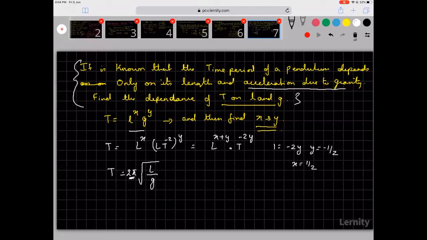You can find out the formula, but you can't find out the value of the constant. So you have to do subsequent experiments to get the value of the constant. So the time period of a pendulum is 2 pi root over L by g. Okay, so this is how you get it. Now we'll keep doing some more questions.